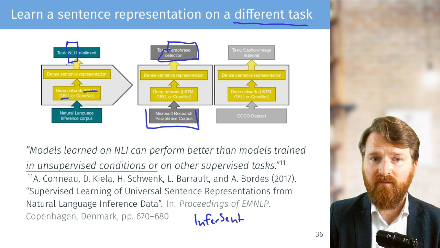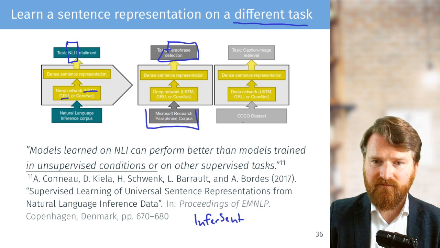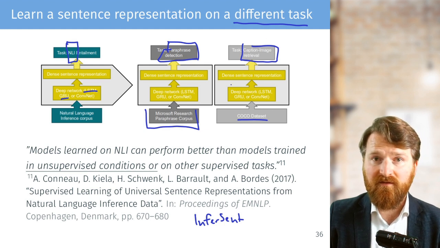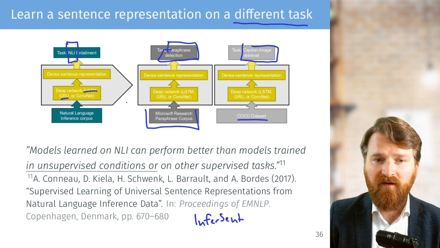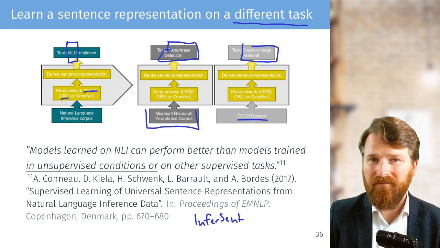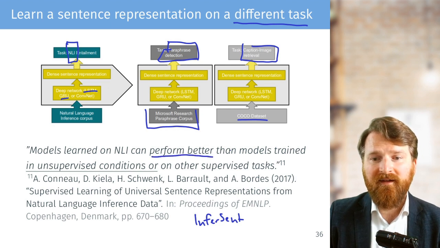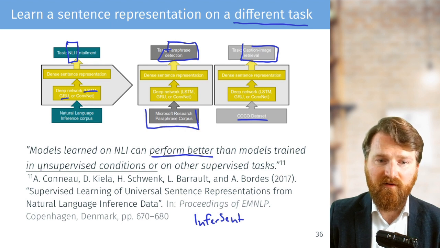So it's very different from natural language inference, or even in combination with images. So the COCO dataset is for caption image retrieval, where you have an image and a couple of captions, and you want to find out which caption of the image is the most appropriate. And they show that models learned on this lexical or semantic inference task actually perform better when pre-training the model on these than models trained in some unsupervised conditions.